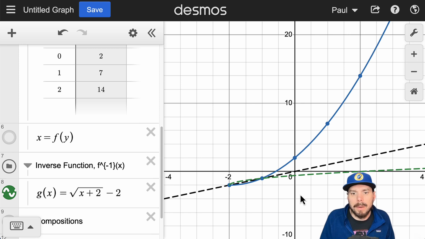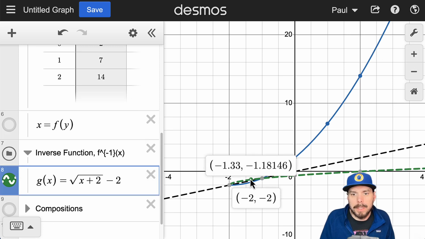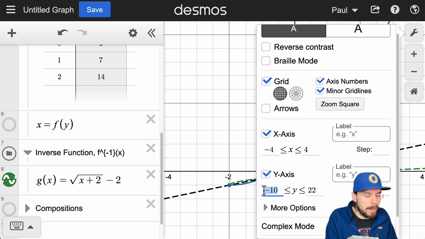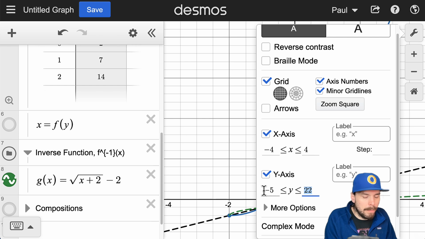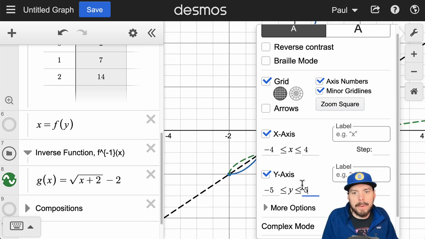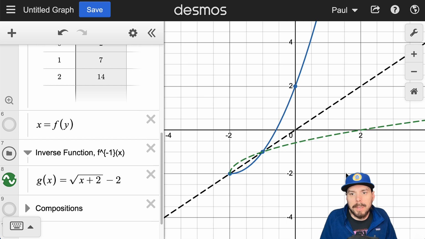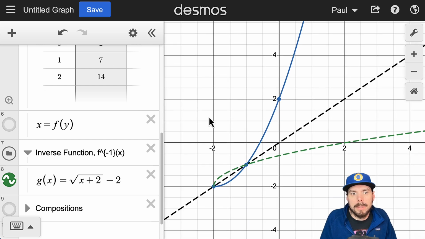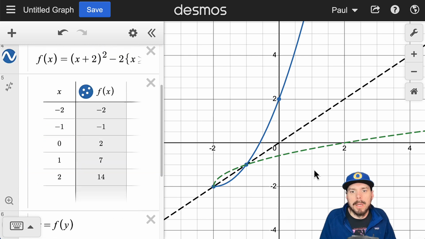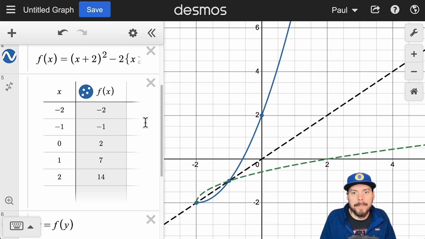For example, here I would maybe want to bring out the differences between the blue and the green by zooming in the y-axis a little bit. I'll go to -5 to 10 instead of all the way up into the 20s, or even -5 to 5 is kind of looking better. It doesn't actually show all the points, so it won't go all the way to the last point in that table, but it's going to show the parts that I'm really concerned with there.